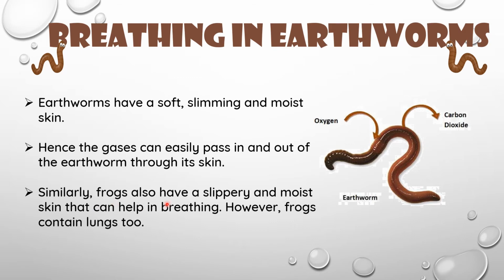Similarly, frogs also have a slippery and moist skin that can help in breathing. However, frogs contain lungs too, and sometimes they also breathe through the skin. So that is the breathing mechanism in earthworm. It's very easy: gases are exchanged through their skin.